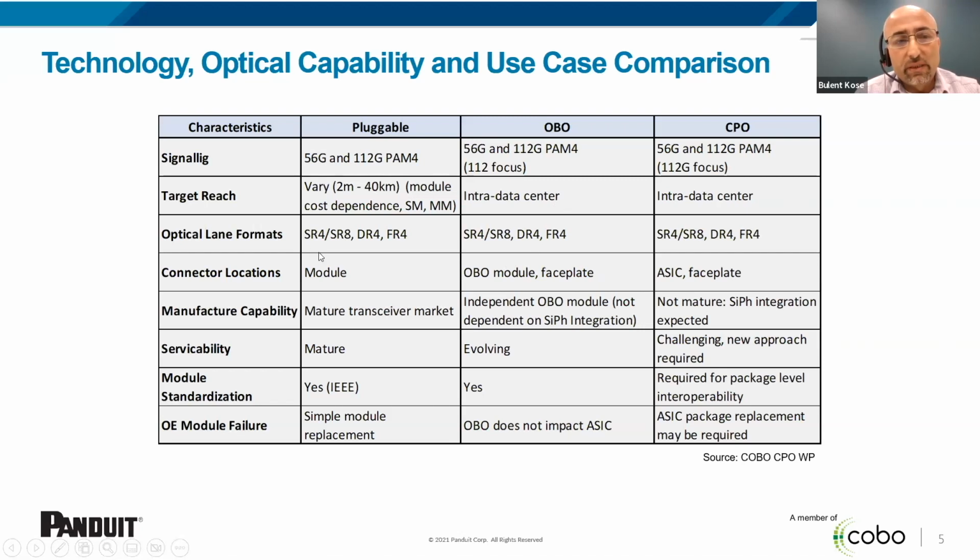For optical formats, we could say OBO and CPO are agnostic, because you could implement these on any of them. Right now, for instance, OIF is working on the DR4 and FR4 applications specifically. Obviously, they're not doing SR4, SR8, but I'm going to mention this later, we can include SR4 and SR8 there as well.